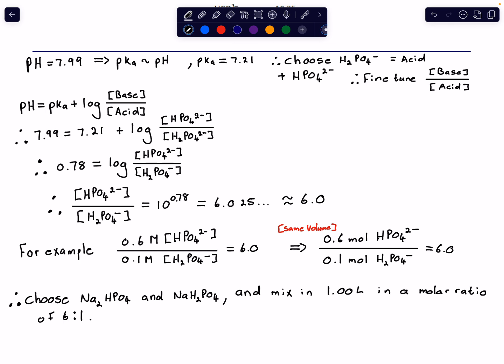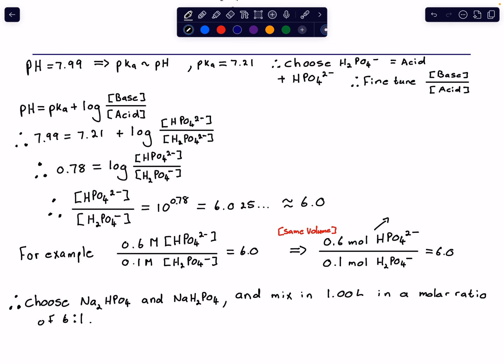And that's how we will get a pH of 7.99. They didn't ask for exact masses, but in principle you can calculate exact masses, because we know we need 0.6 mole of one and 0.1 mole of the other.